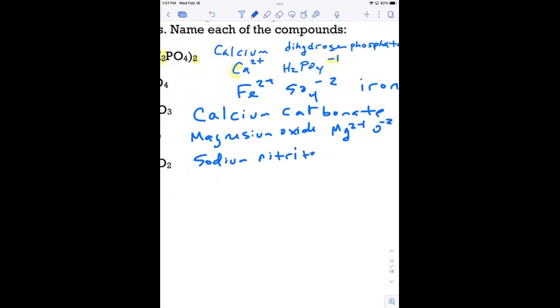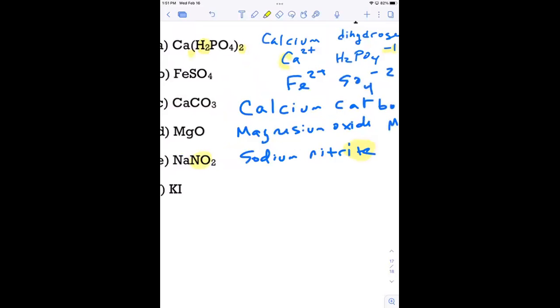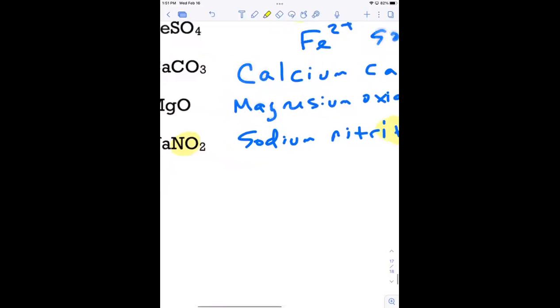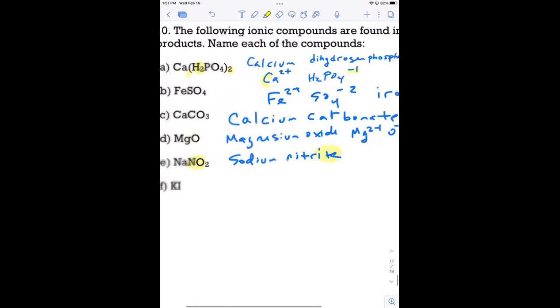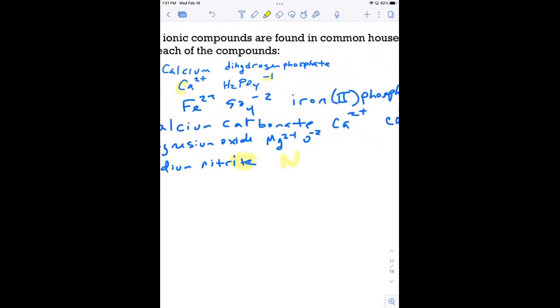Yes. Very good. That ending on the nitrite is important. You see how right here is NO2, that's nitrite, and then NO3 would be nitrate. So this is Na plus and then NO2 minus. Both numbers are the same, so we can just put them together.